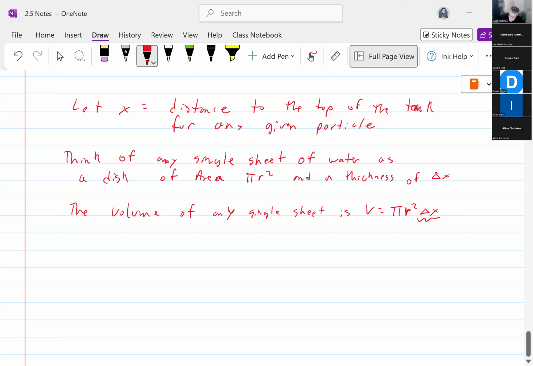Don't forget the delta x. That's going to be very important, because when we plug this into an integral, that's going to become dx. It's part of the volume. It's not part of the force or the distance. It is a thin distance, and we just have to sum all of these disks up from 2 to 10.